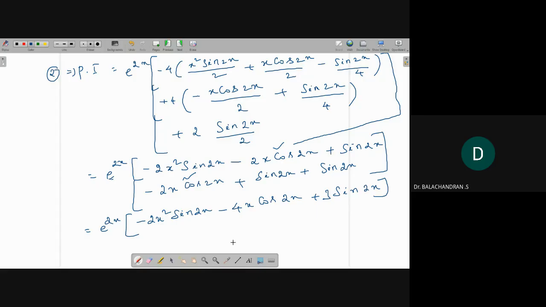So the final answer is, you can stop here, otherwise if you want to try one more step, 3 minus 2x square into sin 2x, minus 4x into cos 2x. This is actually the particular integral. So CF equal to, sorry, the general solution is y equal to CF plus PI.